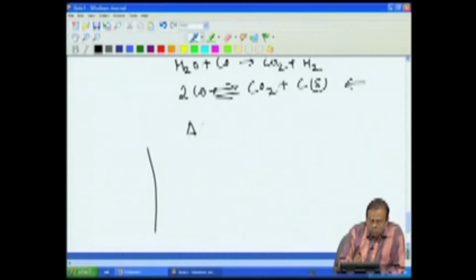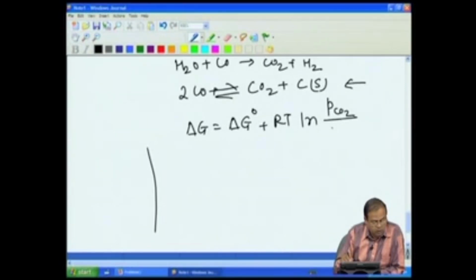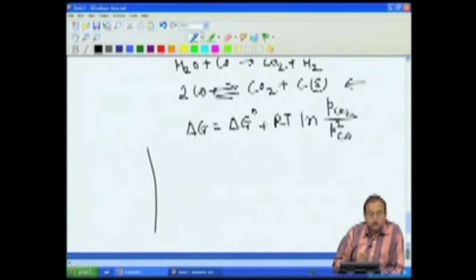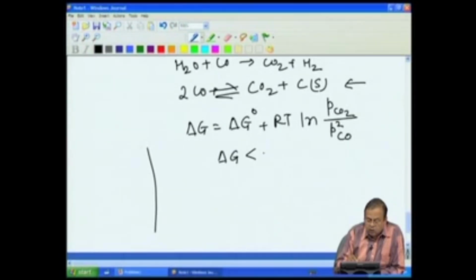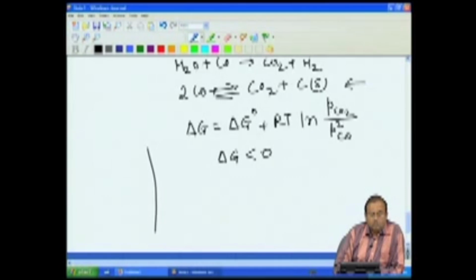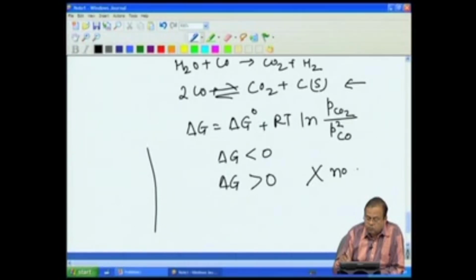Now, we know the free energy change is delta G0 plus RT ln P CO2 by P square CO. So, what is the condition under which the reaction will occur? The reaction will occur if delta G is less than 0. Other way around, the reaction will not occur if delta G is greater than 0, no reaction.